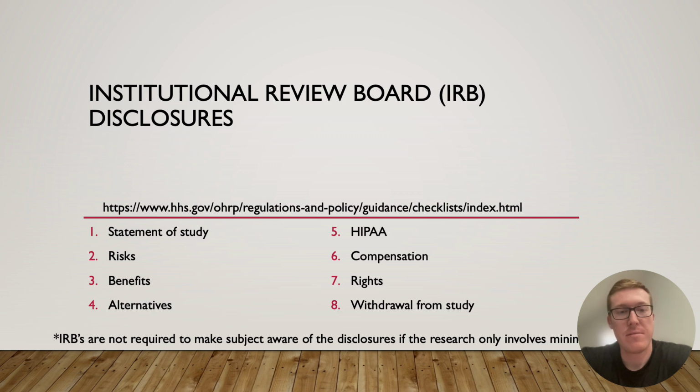Statement of study, or a summary of the research. 2. The potential risks. 3. The benefits, potentially treatment. 4. Alternatives, other treatments or potential research studies that they could be a part of that would better suit them.